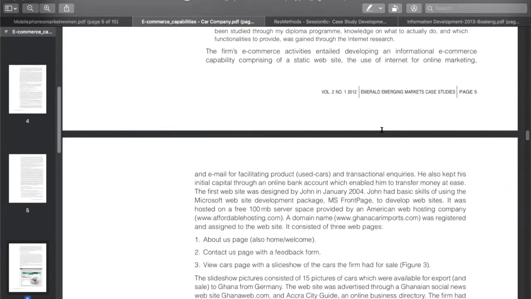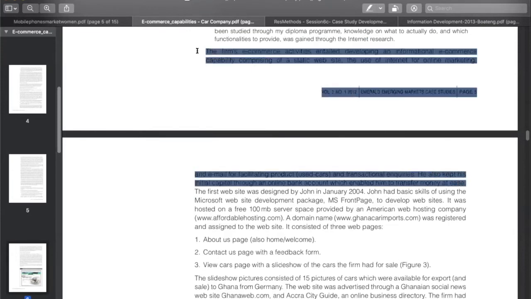He also kept initial capital through an online bank account, which enabled him to transfer money at ease. The first website was designed.